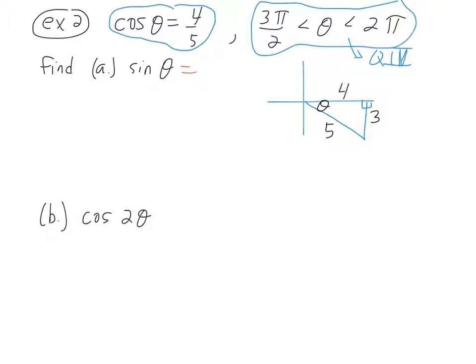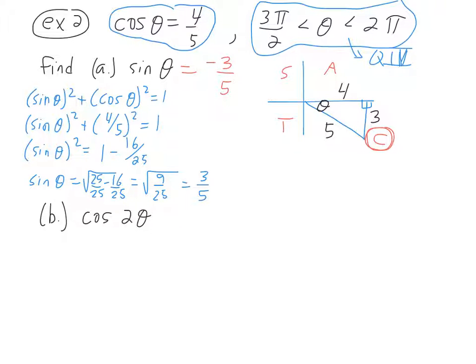Sine is opposite over hypotenuse, so it appears to just be 3 over 5, but be careful. Remember that in this fourth quadrant, only cosine is positive, so that means we have to slap a negative in front. Now, if you had used your formula, sine squared plus cosine squared equals 1, watch what happens. Jot this down.